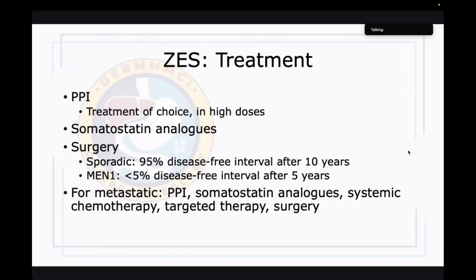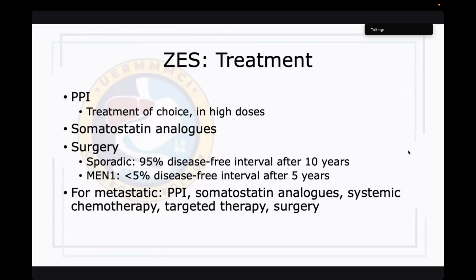Somatostatin analogs like octreotide have also been used as an adjunct if the symptoms are difficult to control with the high-dose PPIs. And although these medications can control the symptoms, the definitive cure is still curative resection of the tumor, so surgery is still warranted.